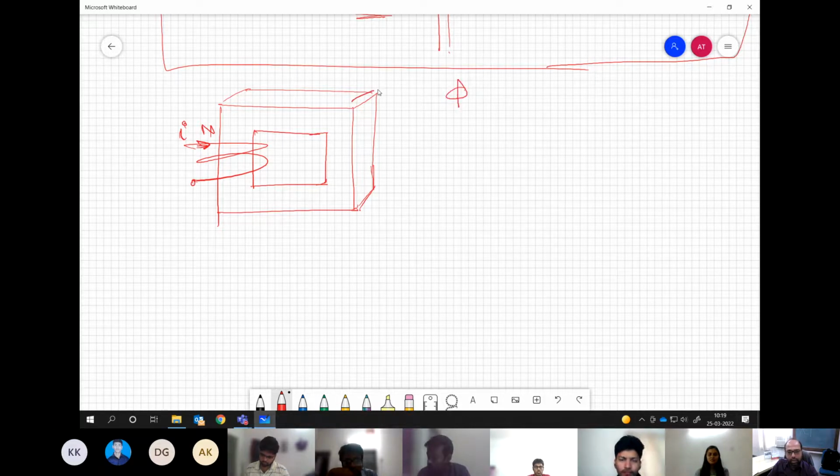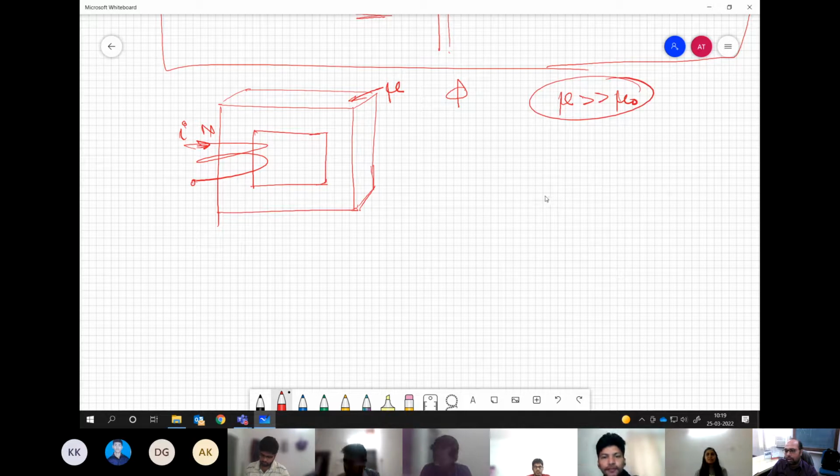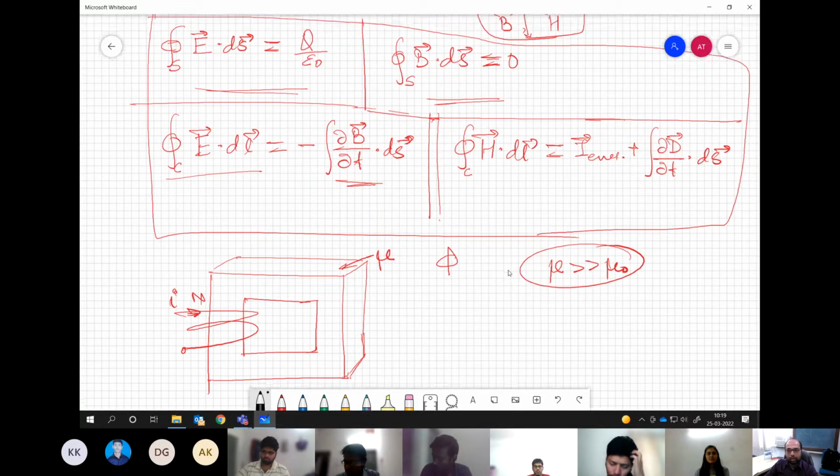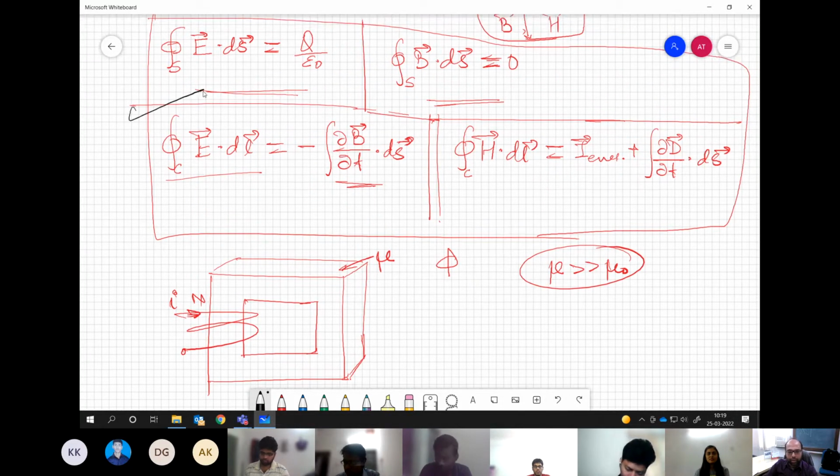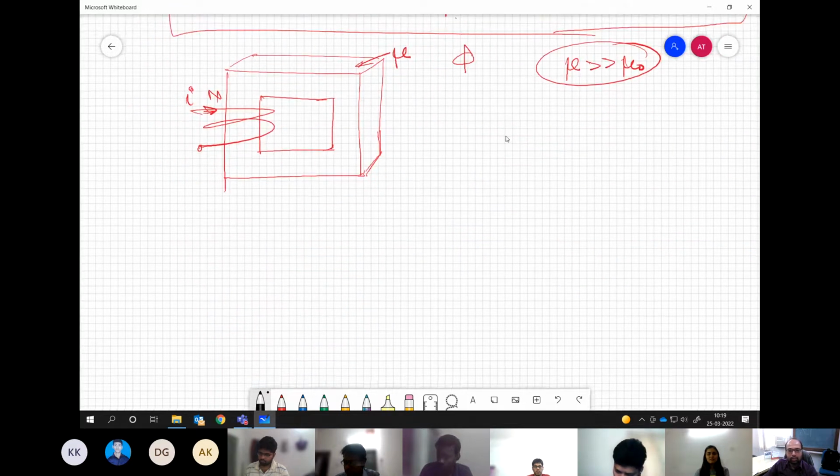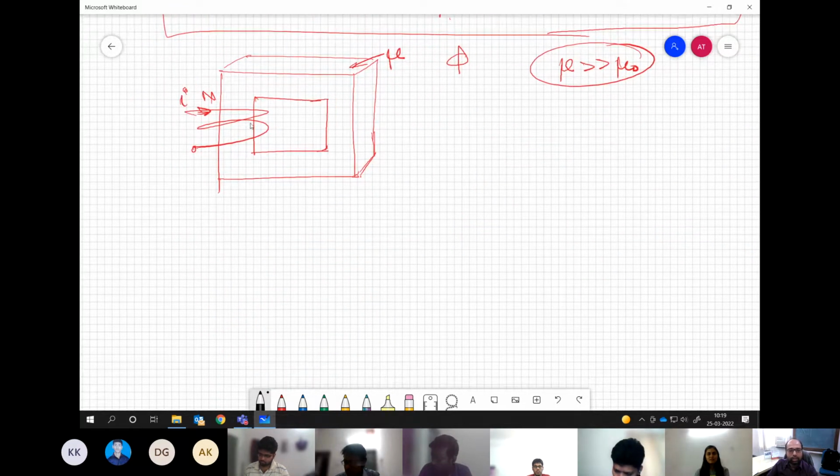Since this is a magnetic core, the permeability mu is much greater than the permeability of air. So the first assumption to solve these equations is that the magnetic field lines are confined within the core.